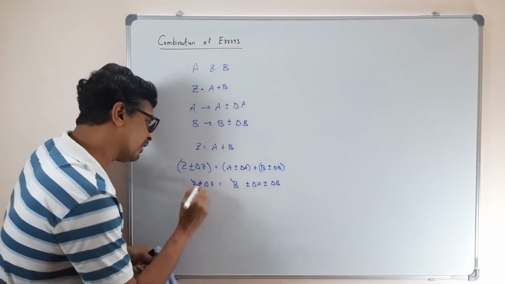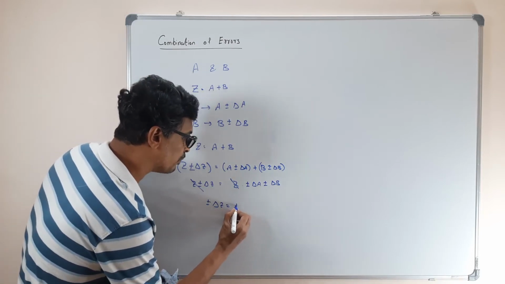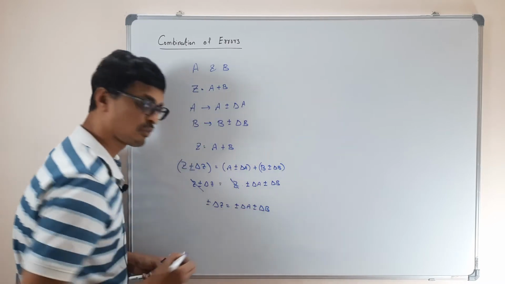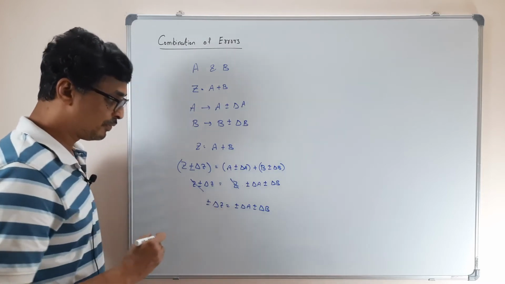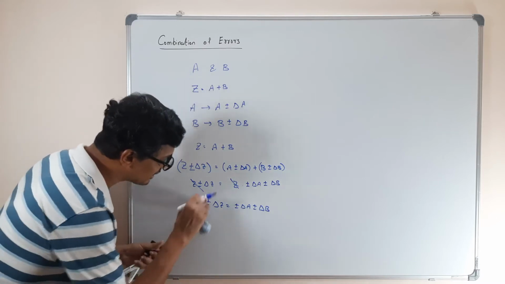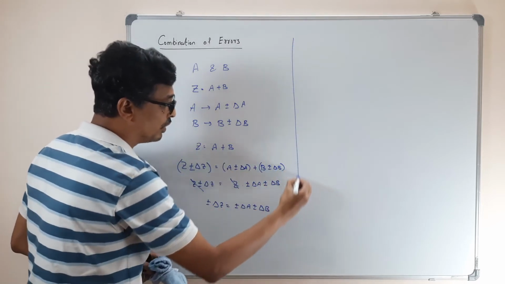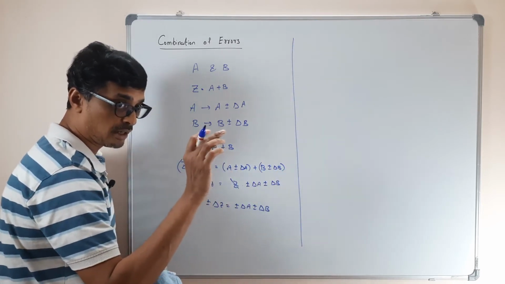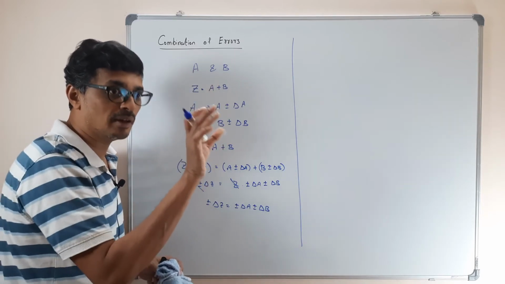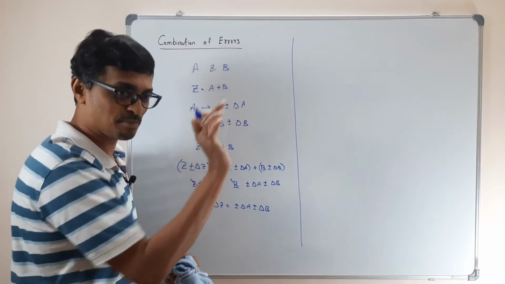So plus minus delta Z will be equal to plus minus delta A plus minus delta B. Now if you remember, when we write the absolute error, we wrote it as a magnitude. All delta A, as in the last class, is a magnitude, always a positive quantity, and we write that as plus minus.